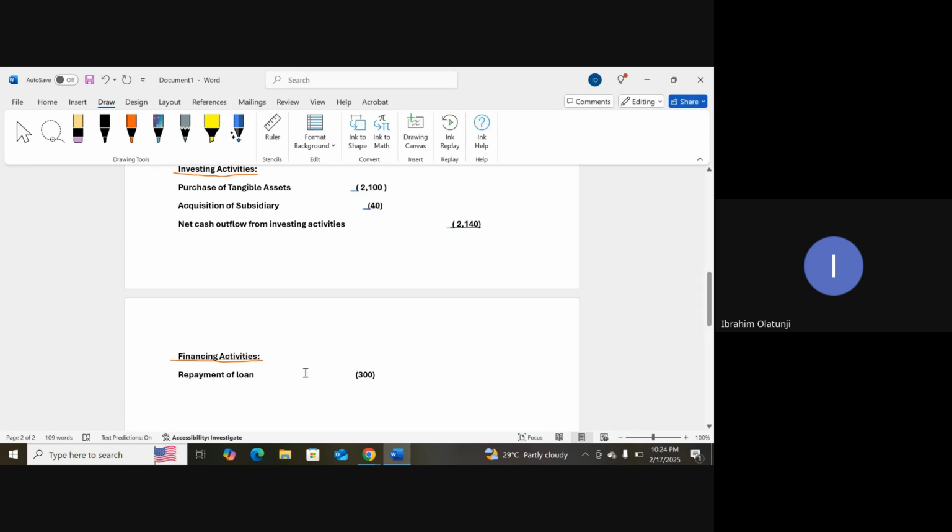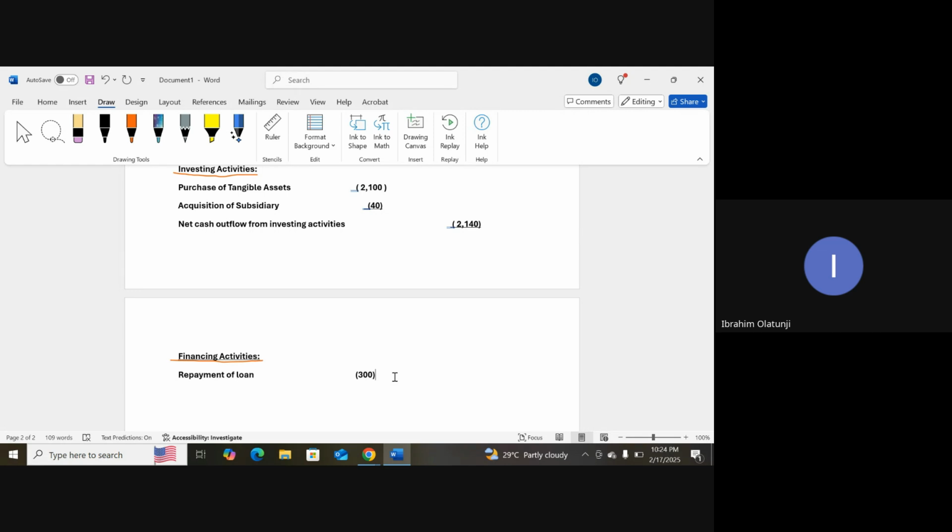So this 300 naira is what you paid, and it's going out of your business. Is it clear? Yes. It's definitely going out of your business.